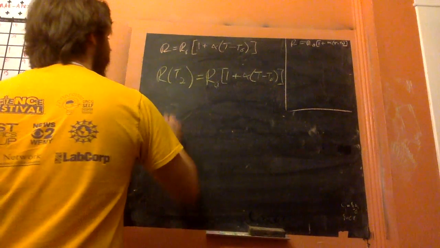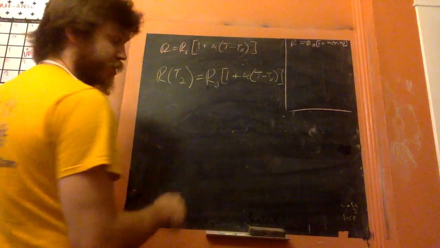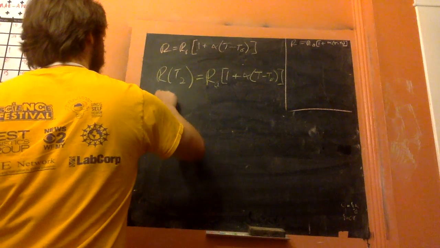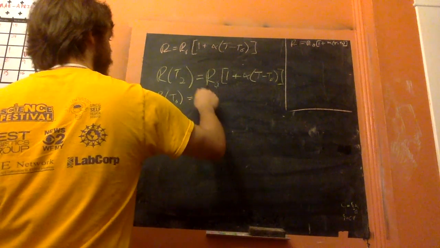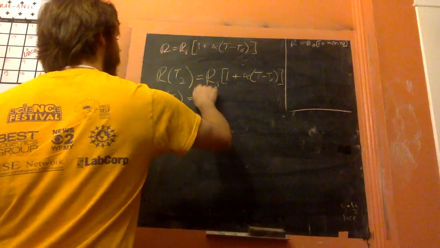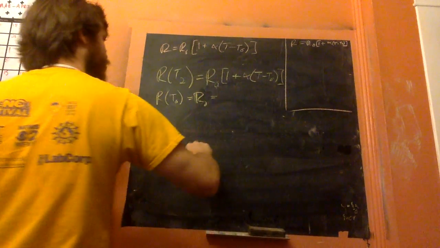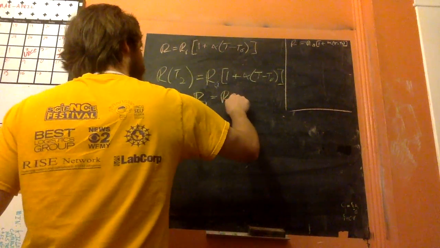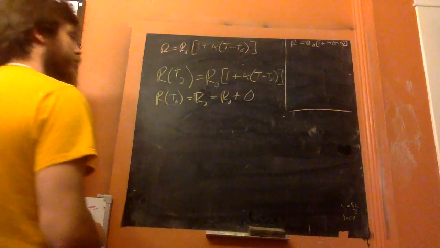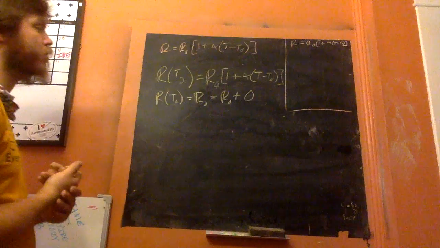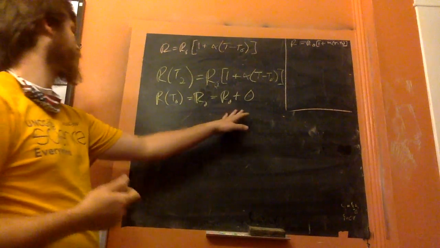So going back to the original equation, we have R of T0 is equal to R0 plus 0, so this is pretty self-explanatory.